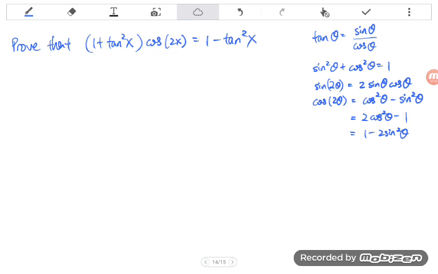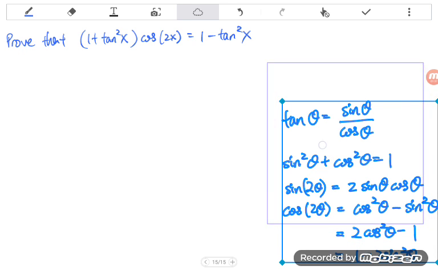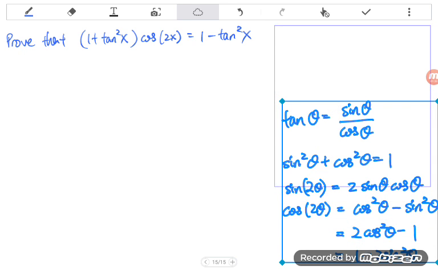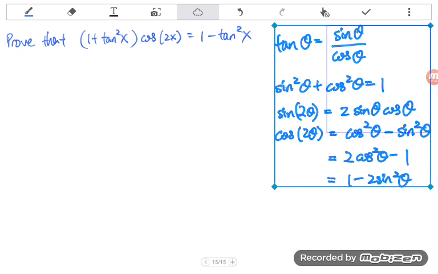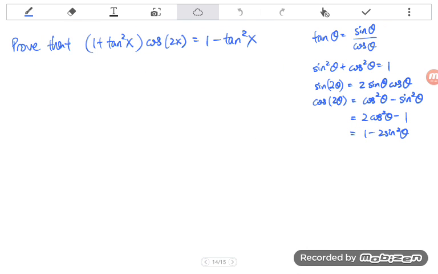Alright, so you see that I have just copied the identities on the top right corner of the screen. And let me do the same thing here. Okay, so you see that I have the exact same thing on both pages, and that's because when we are solving questions involving proof, there are two different methods for us to do it.